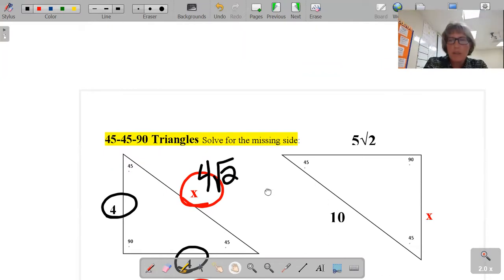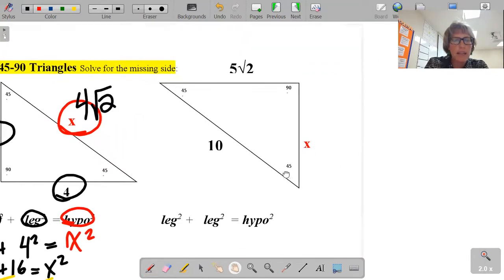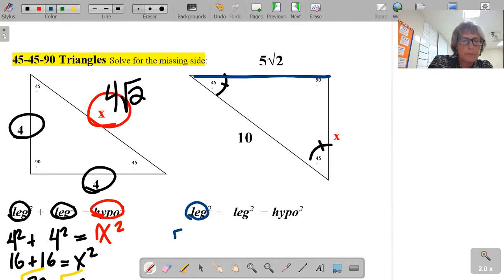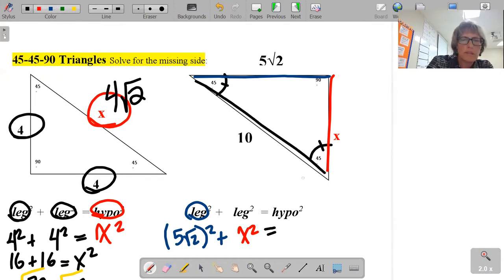Now, let's do this one on the right. Again, we're dealing with only a 45, 45, 90 triangle. And one leg is 5 root 2. We're squaring. The other leg is our unknown this time. And our hypo is 10.